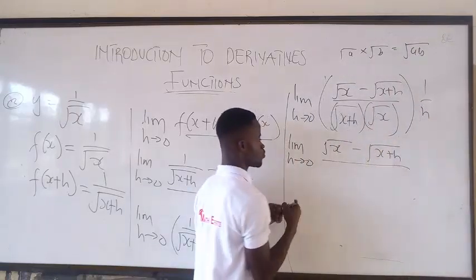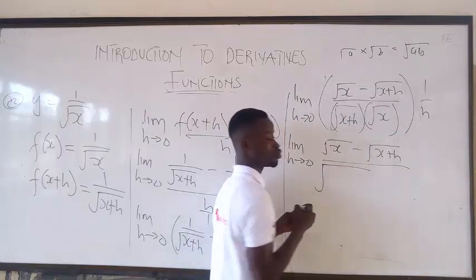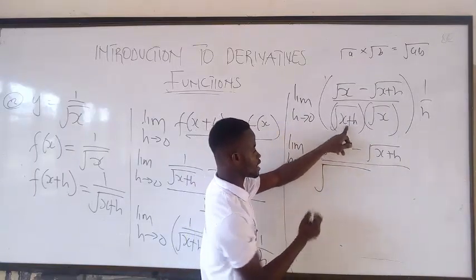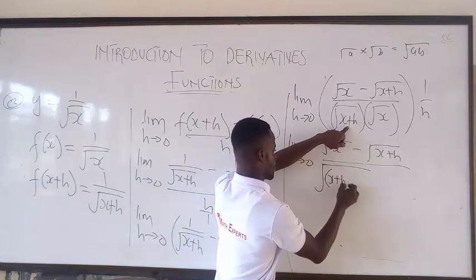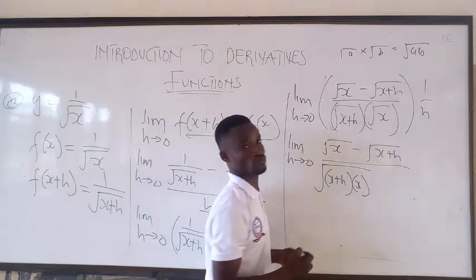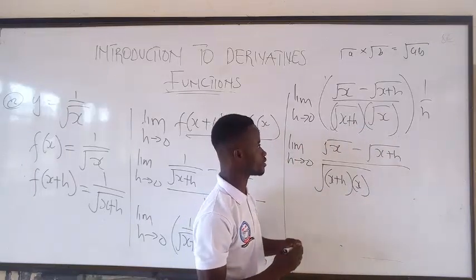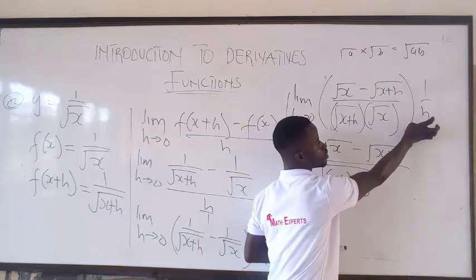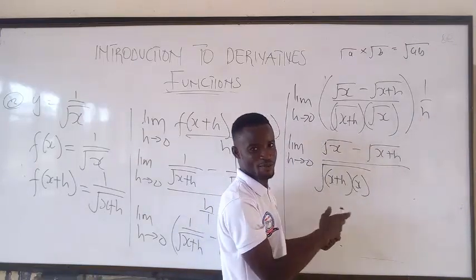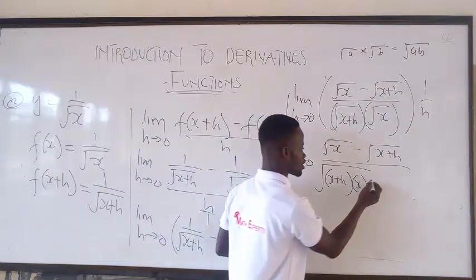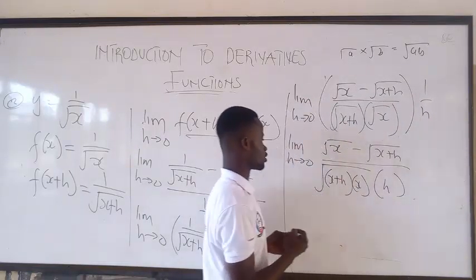So the same way, this one will be left with only one root. So the x plus h will multiply with x. Then this h too will come and multiply, and this one, when it multiplies whatever is in the numerator, is still the same thing. So we get our h.